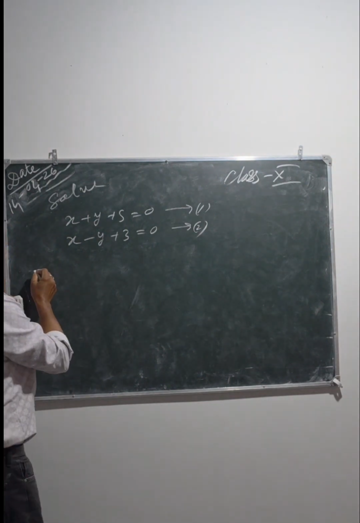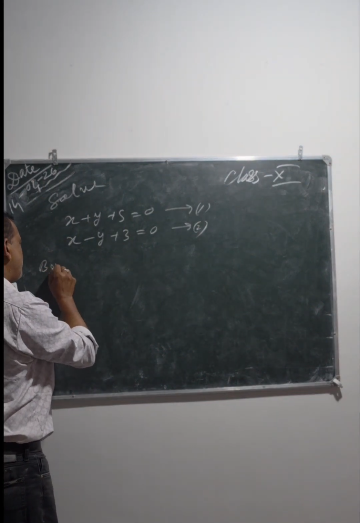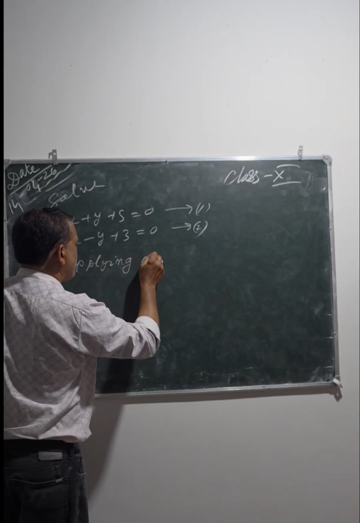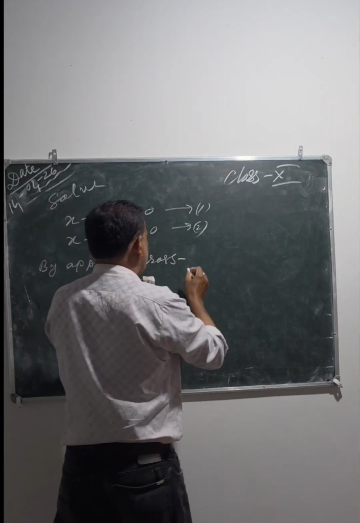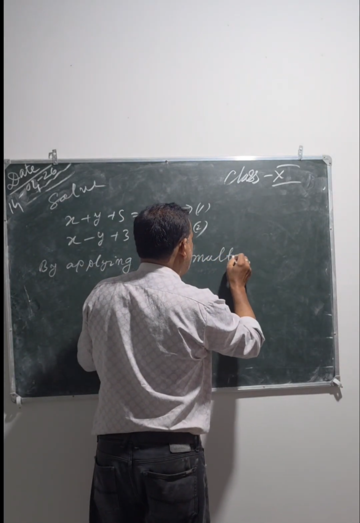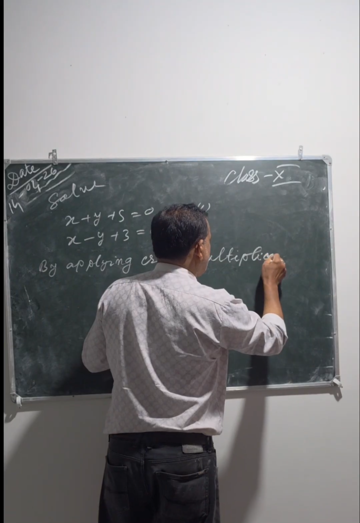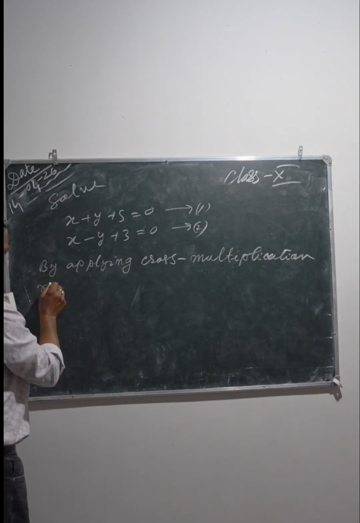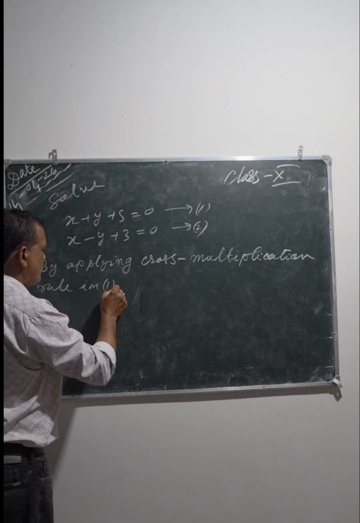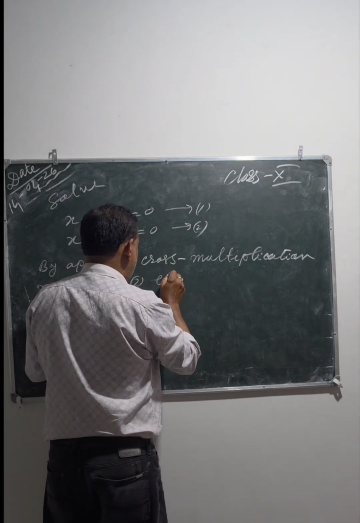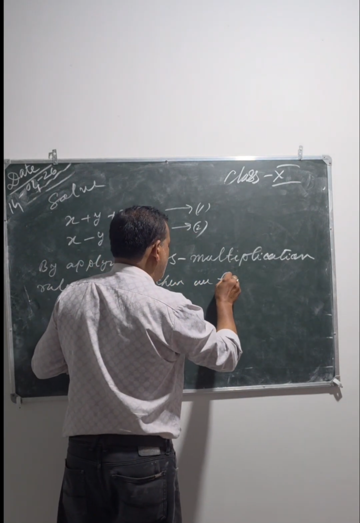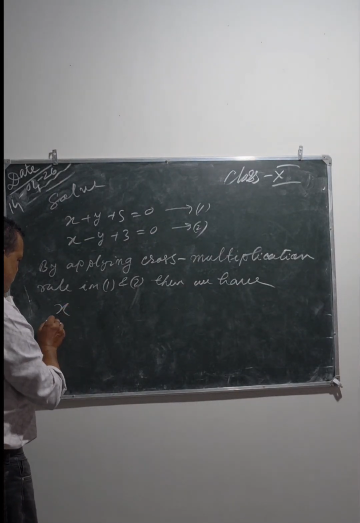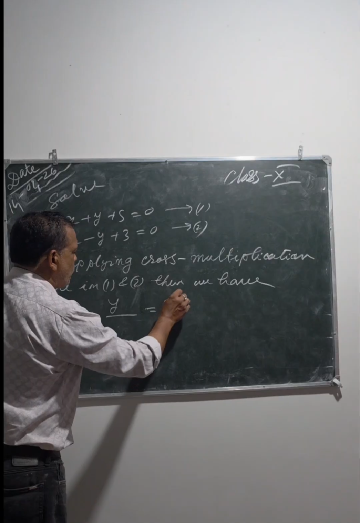Then by applying the cross multiplication rule in 1 and 2, we have x by something equal to y by something equal to 1 by something.